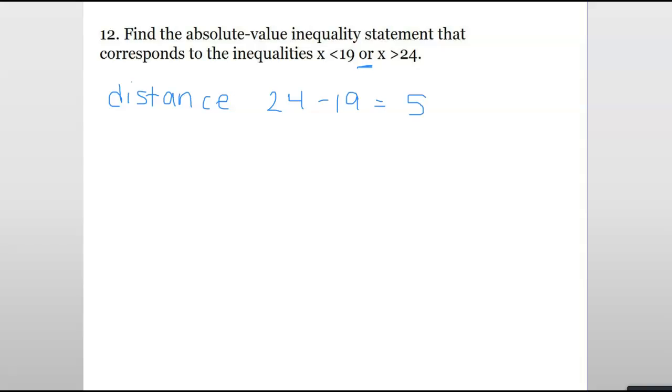In this case, there's a distance of 5 between 24 and 19. Half of that distance is 2.5. And then you add that distance to your original endpoints.